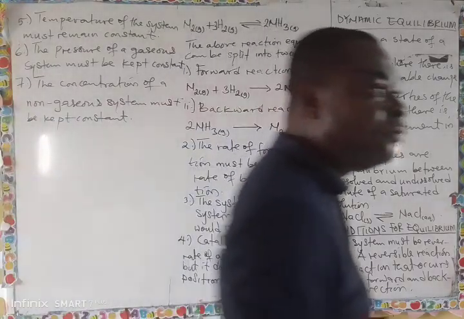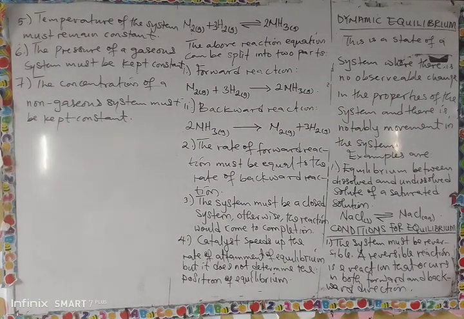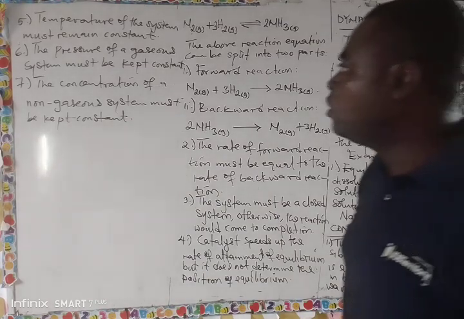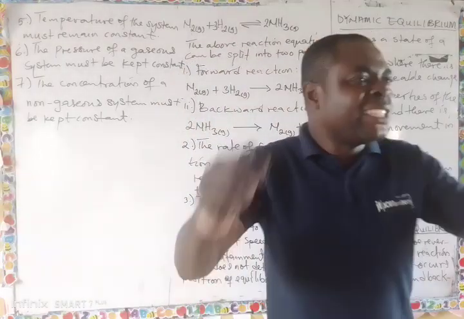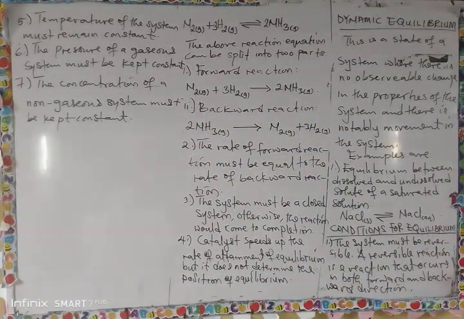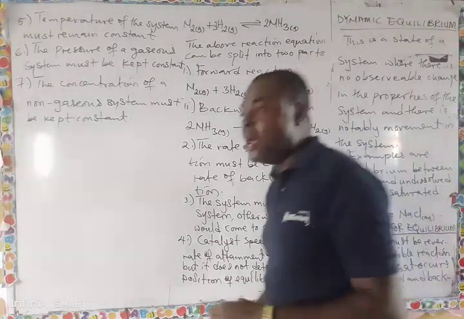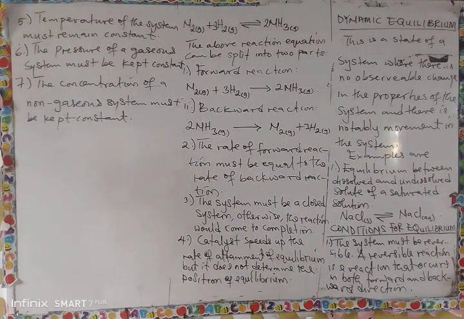Increasing the concentration of the reactant means adding more to the reactant. So don't add anything to the system, leave it like that. Then it will continue to go forward, backward, forward, backward. But the moment you add to part of the reaction, the equilibrium will shift. If you want the equilibrium to remain, then all these factors must be in place.